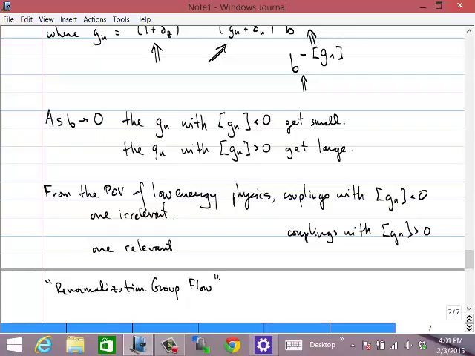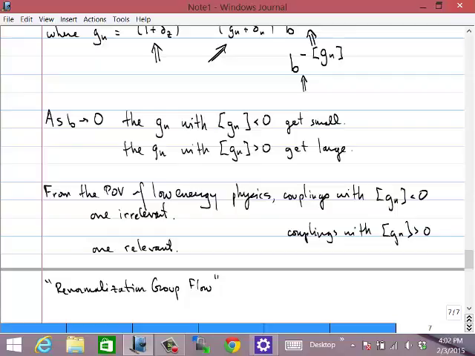Or RG flow. And I think starting next class, we'll hopefully have a chance to compute in a little bit more detail how some of these couplings change under renormalization group flow. It's a beautiful story. You can consider spaces of field theories, and you can consider the flows on the spaces of couplings, and then this will magically pick out for you special points, which are attractive fixed points in the infrared, and those are the theories that we can use to describe all sorts of interesting physics.